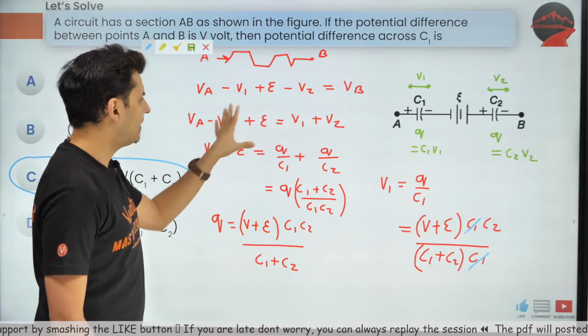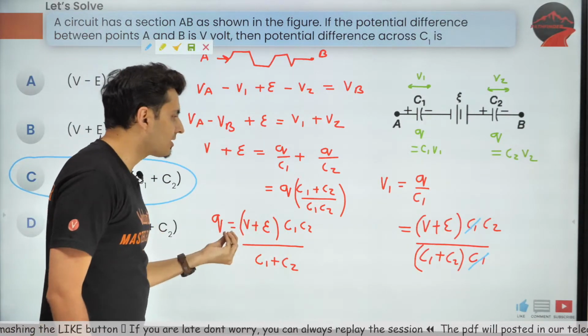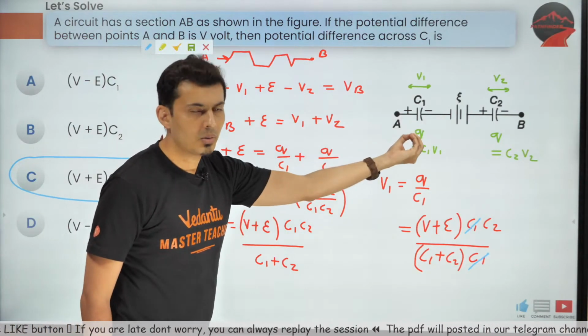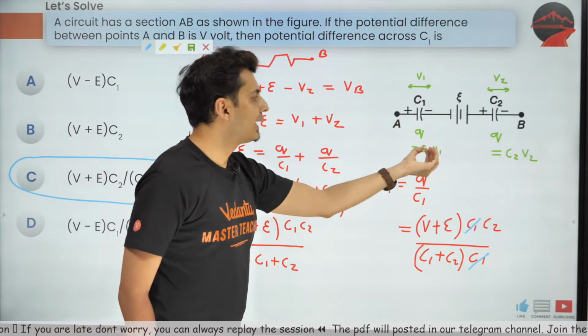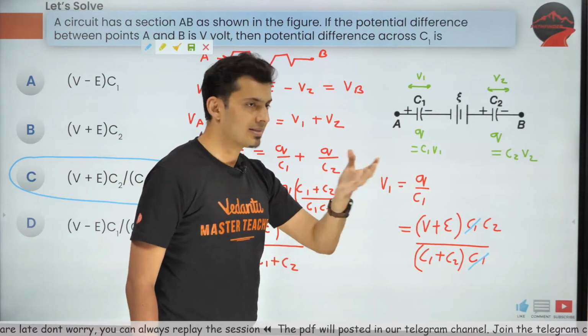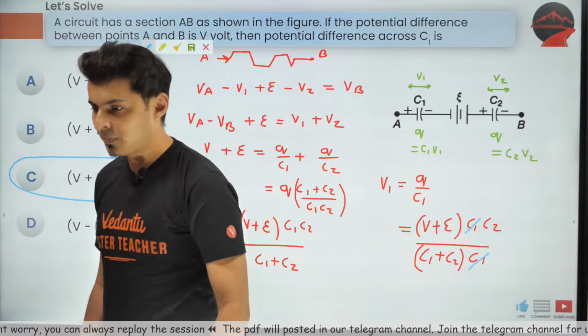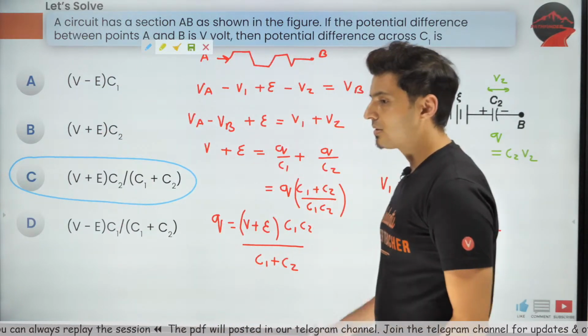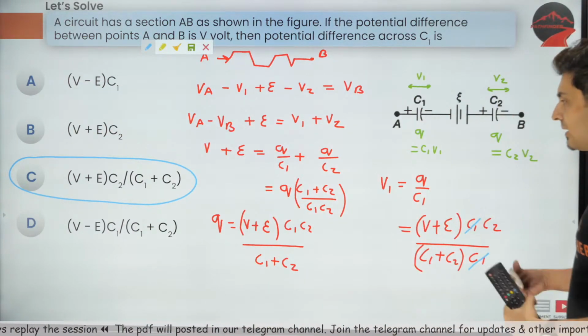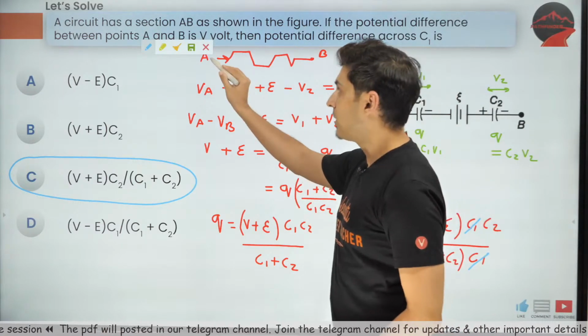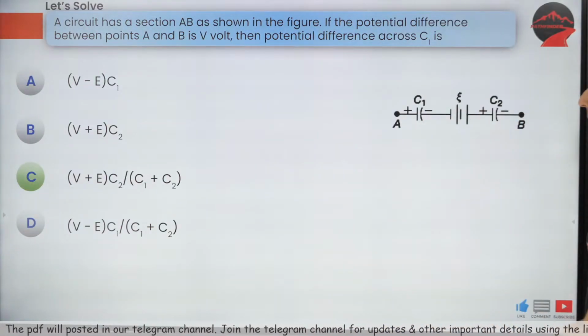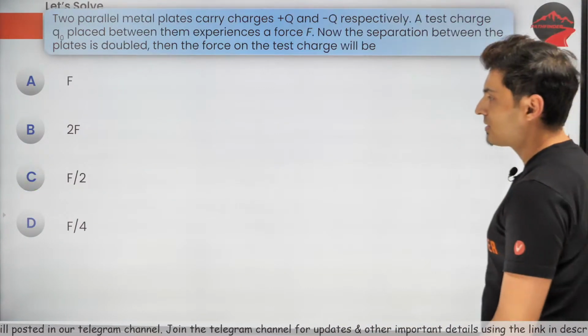You substitute the values. You found the charge. Once you find the charge, that's it. You will get the voltage across C1. So that's option C. You can try it out on your own later on again.